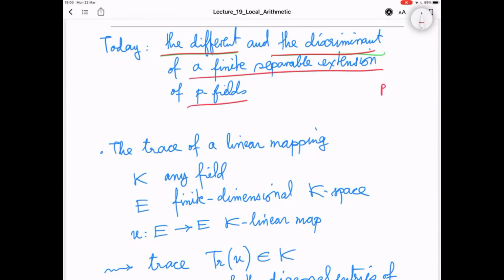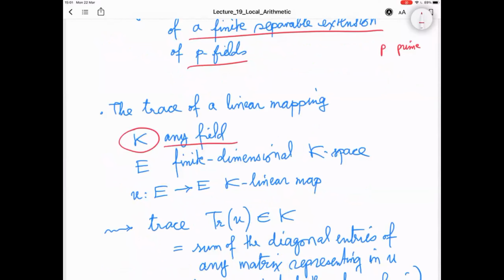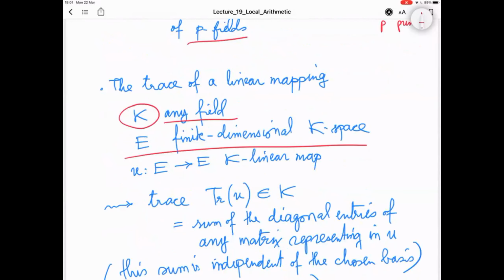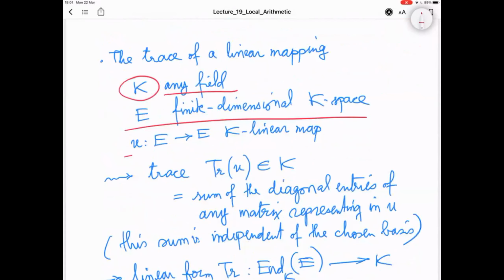Remember, p is a prime number, and the p-adic field will usually be denoted K. But for the time being, let K be any field, and let E be a finite dimensional vector space over K. So that's the subject of linear algebra. And let's have a linear mapping from E to itself.